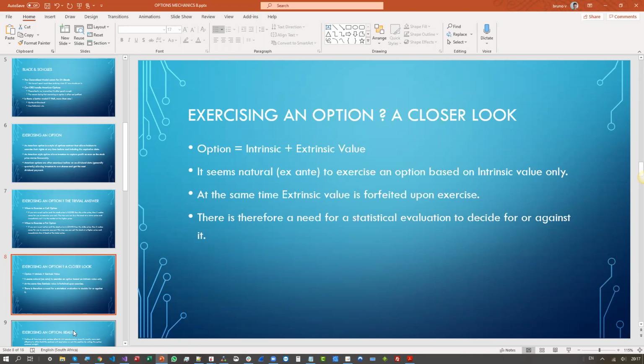So the same way as volatility is, of course, a statistical measure, we have to look at the statistical evaluation of whether it's worth exercising an option or not. And again, if we're coming back to the previous slide, that's what most people don't really look into. They look at intrinsic, okay, it's good, I can make good money, but you never know exactly what you give up by exercising.